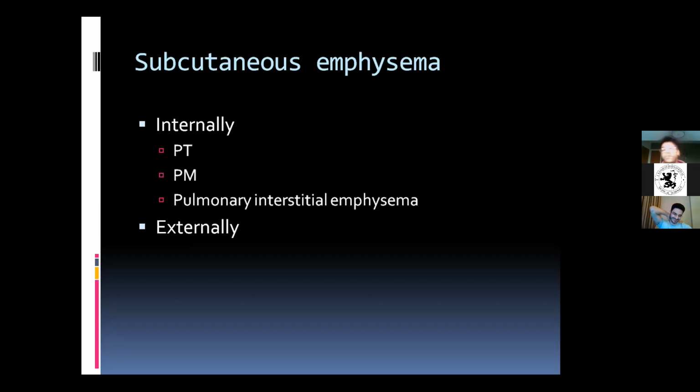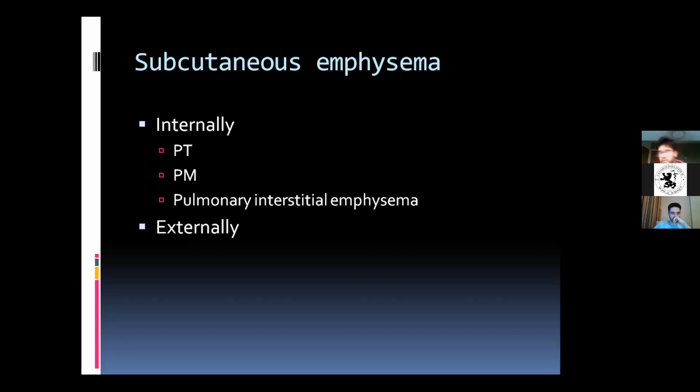Remember, guys, common is always common. You will not be dealing with mesotheliomas on a regular basis. The one time that you do encounter it, it'll be, oh my God, but it'll be very rare as well. Mesothelioma will often present with other signs. So pneumothorax, pneumomediastinum, pulmonary interstitial emphysema, these are the obvious internal causes of subcutaneous emphysema.